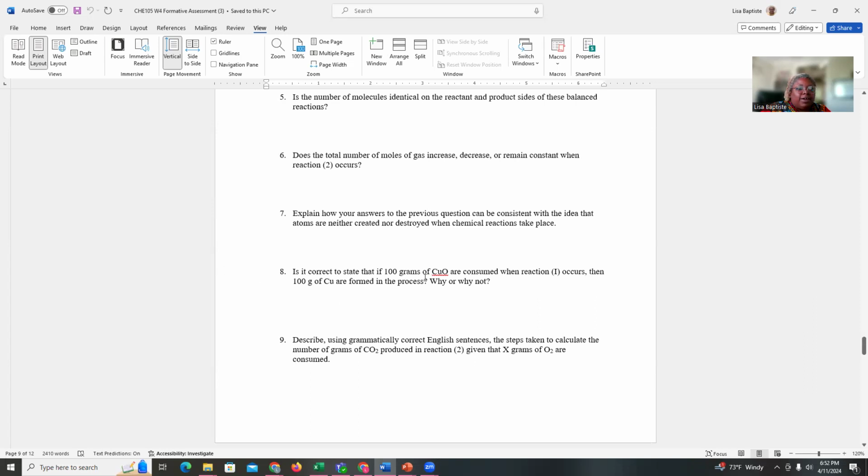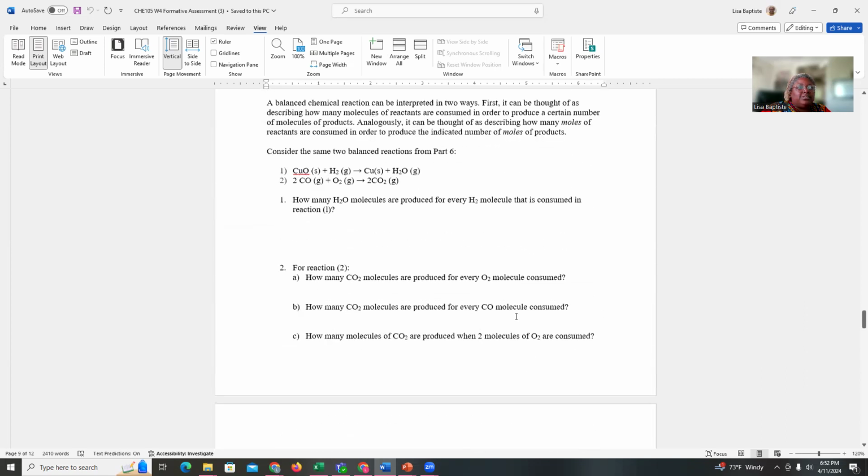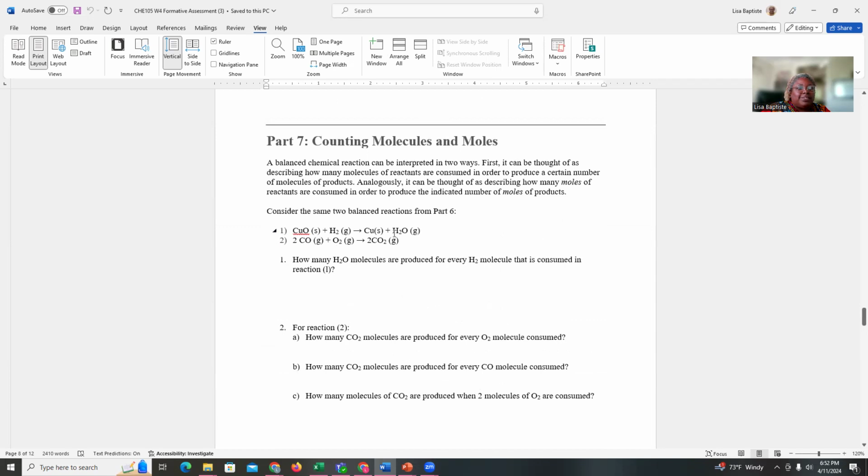And it says we have 100 grams of CuO are consumed in reaction 1. Does that tell you that 100 grams of Cu are formed? And so when we're looking at balanced chemical equations, it tells you differences between moles and also molecules, but it doesn't account for grams. So if you think back at the periodic table, the mass number tells you the number of grams per mole.